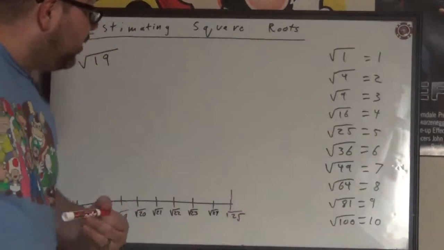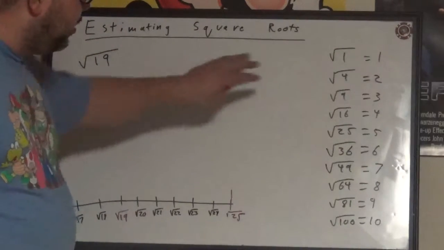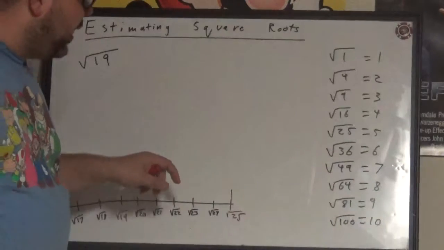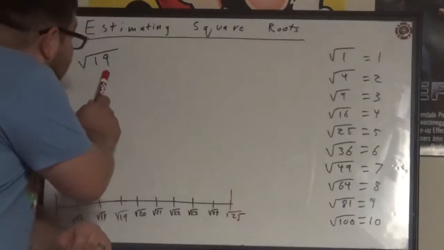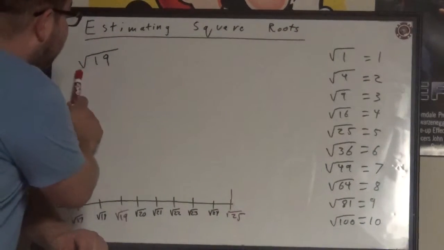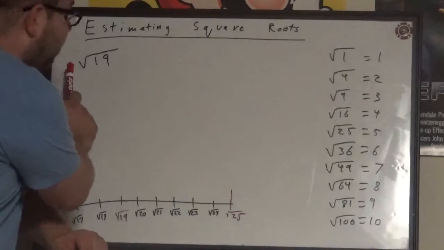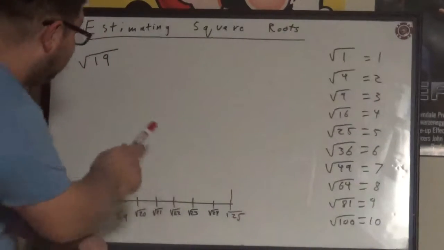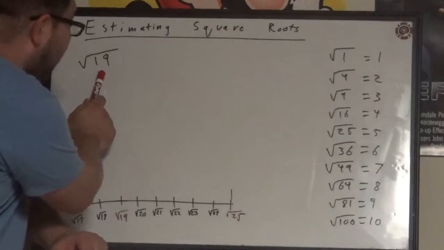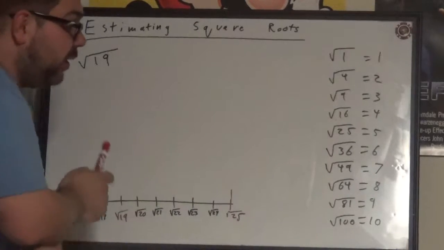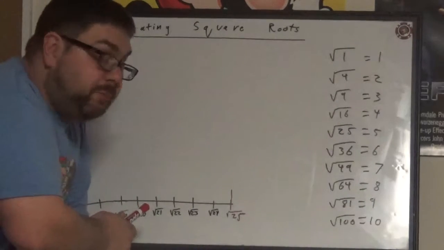The first thing is we want to look at our list of perfect squares and find the closest perfect square below our number, and the closest perfect square above our number.